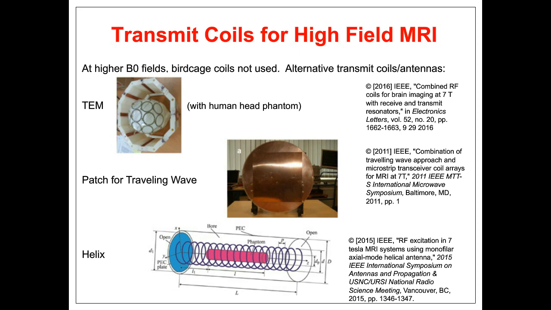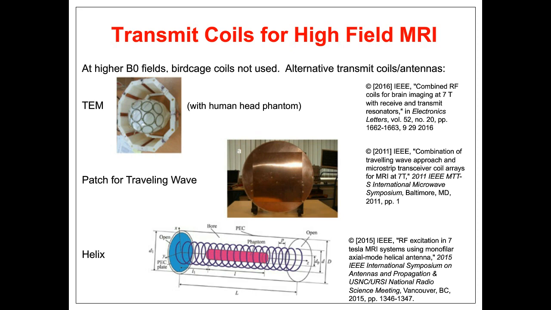The nice thing about the TEM coil is that you can individually address each one of those microstrip lines, and you can then adjust amplitude and phase and do what's called B1 shimming to adjust the homogeneity of the field regardless of what's actually inside the magnet. So TEM coils are still being looked at.